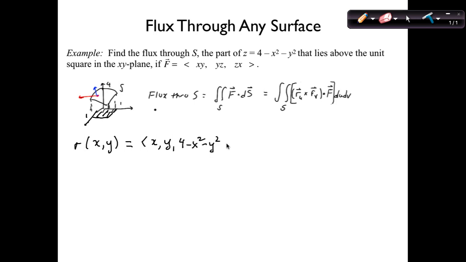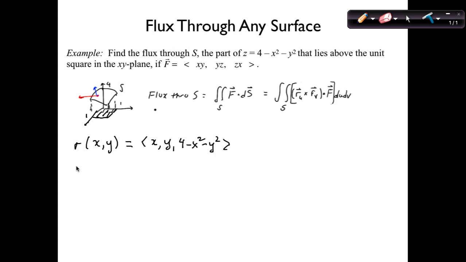Would there be any other possible way we would do this? Use r and theta, right? So we could use r and theta because this is a paraboloid centered on the z-axis. So maybe r and theta.